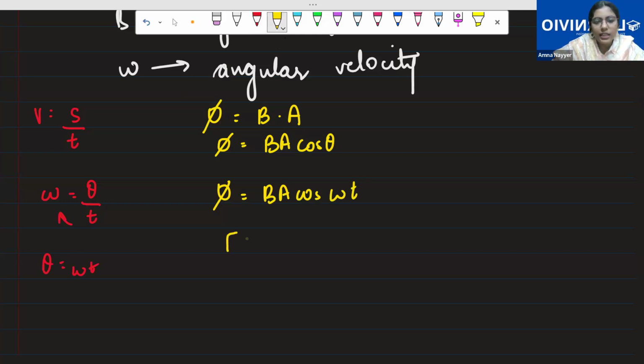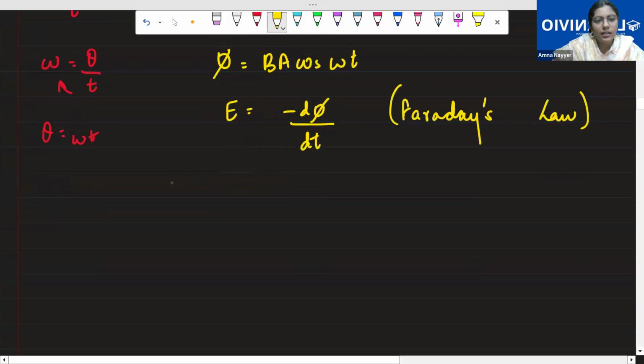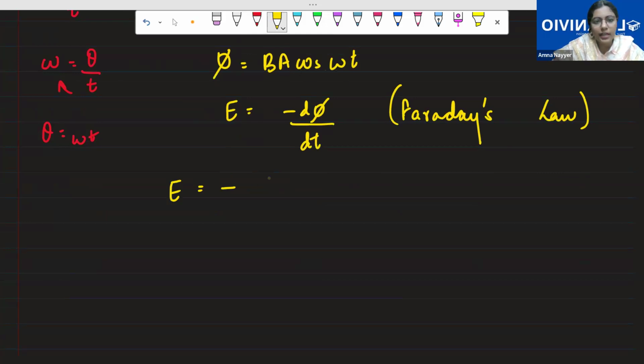Now EMF we know is minus d phi over dt according to Faraday's law. So when I put the values here, E is equal to minus d by dt of BA cos omega t.